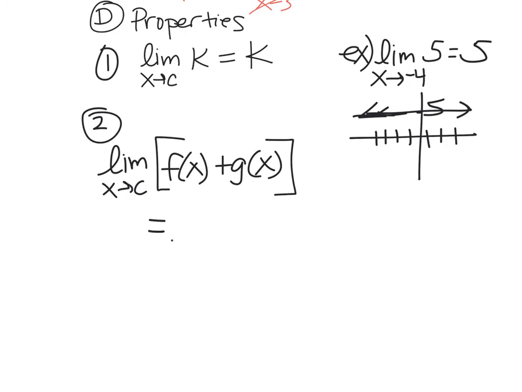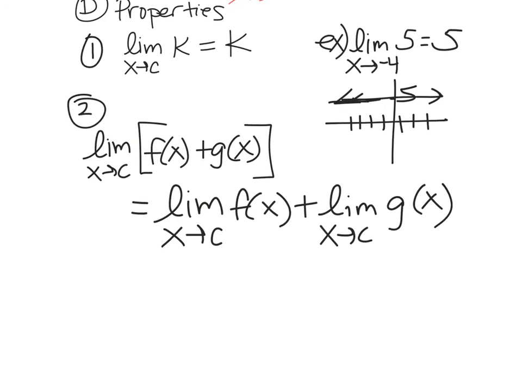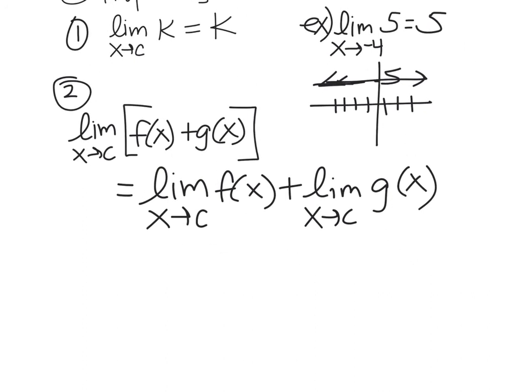This is equal to the limit as x goes to c of f of x plus the limit as x goes to c of g of x. That plus in the middle would be plus or minus depending on what it is.